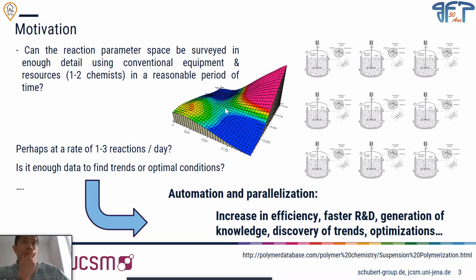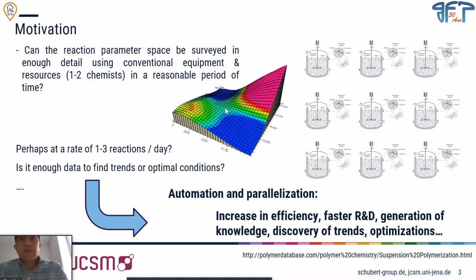Moving on, the main goal is to speed up the research. On a normal basis, if you are a good synthetic polymer chemist, you can achieve maybe one or two of these reactions a day. But through automation and parallelization, you can just increase the number of reactors, and the limit is, of course, your budget, how many reactors you can set up, and how many of the polymers produced you can handle to characterize.